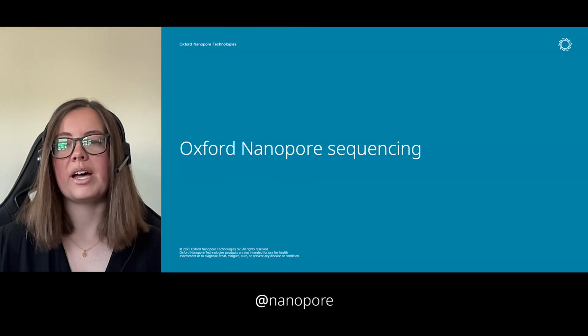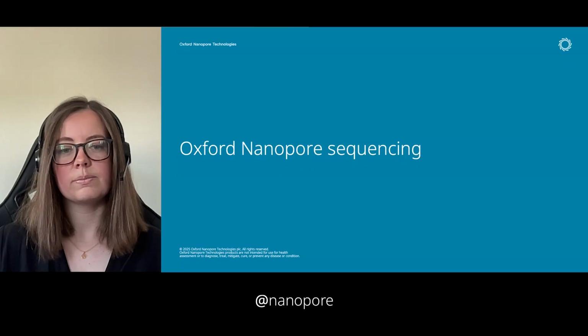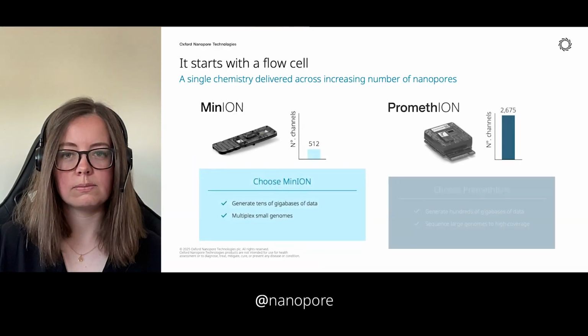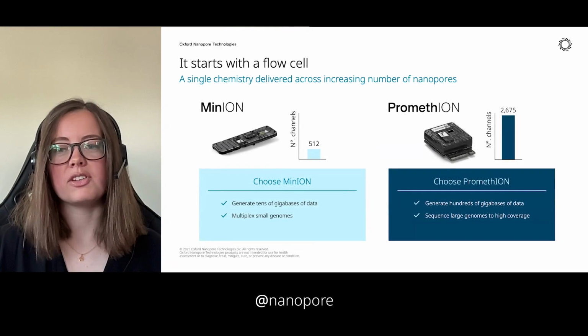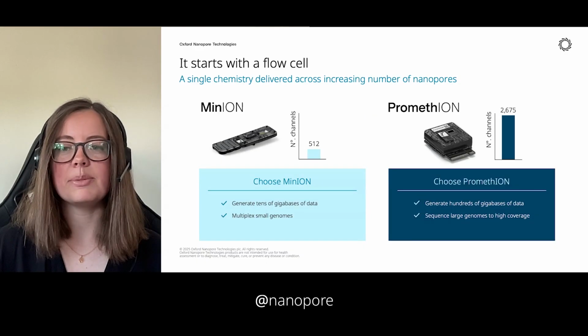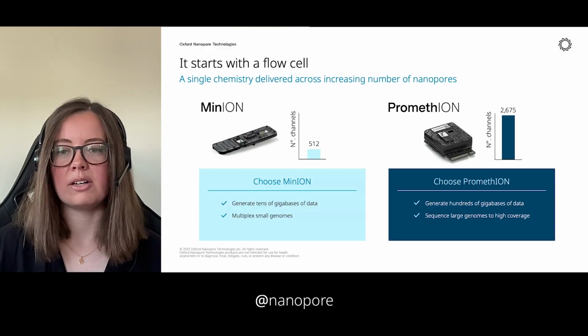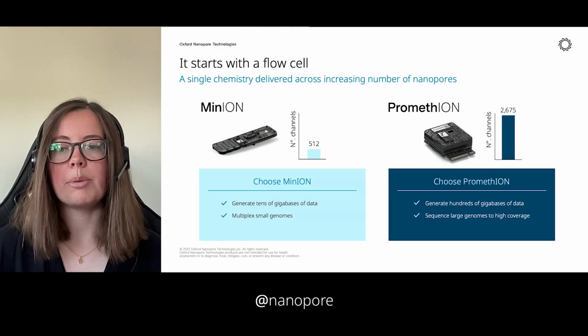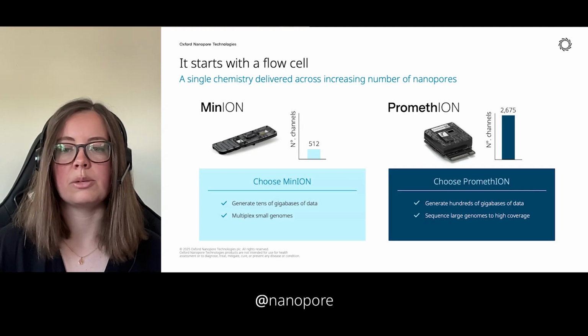After your libraries are prepared, it's time for nanopore sequencing. As a recap, there are 2 layers of scalability to Oxford Nanopore sequencing, and the first is the choice of flow cell. Our end-to-end plasmid sequencing workflow supports the use of MinION flow cells. A MinION flow cell is capable of generating tens of gigabases of data, making it perfect for sequencing multiple small genomes.